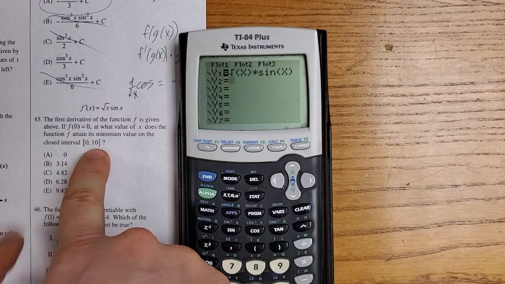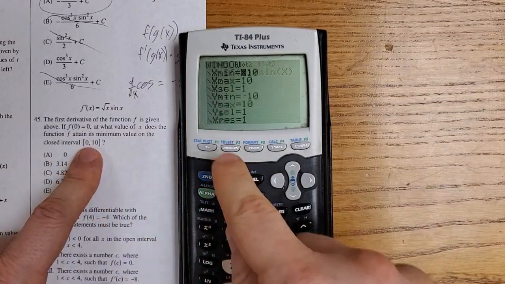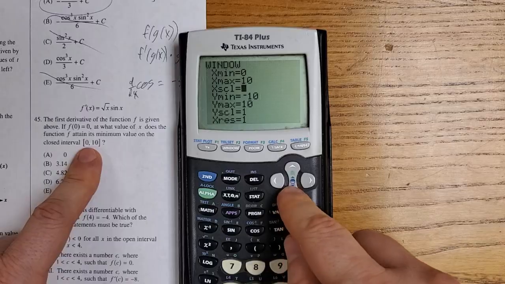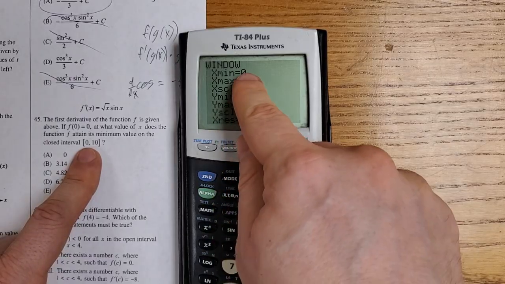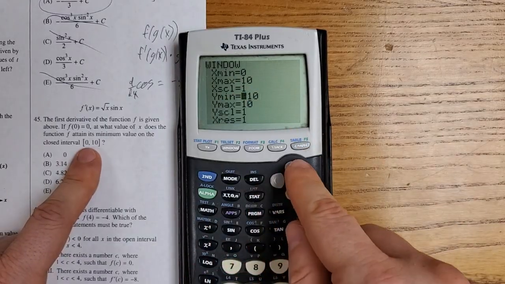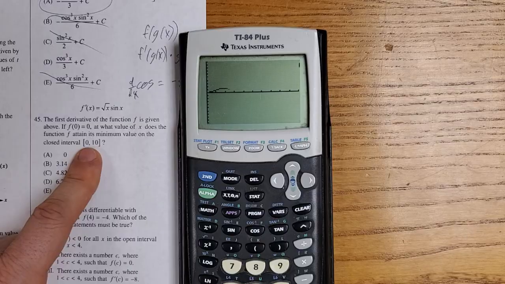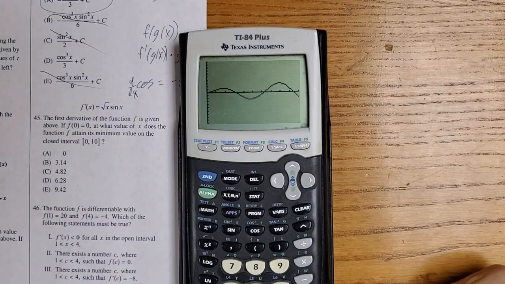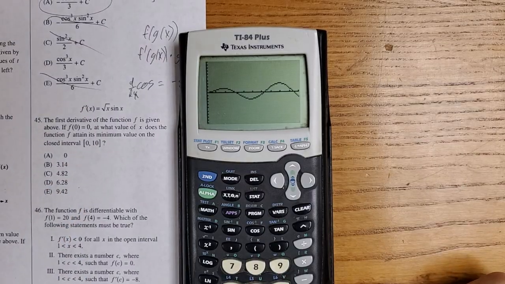And we know it's asking us only from 0 to 10, so let's make it easy on ourselves right to begin with. We're only going to look at 0 to 10 on the screen. So it goes up and down and up and down.